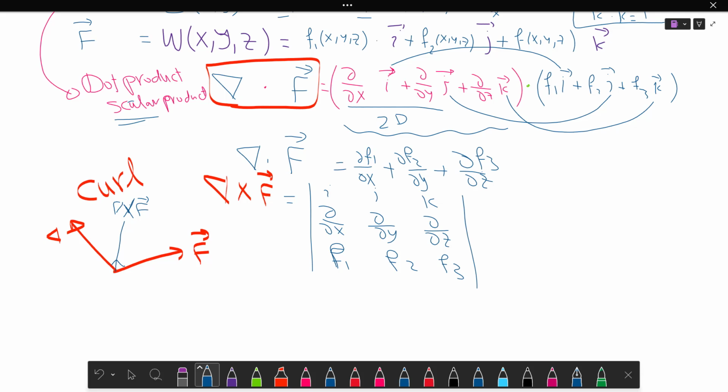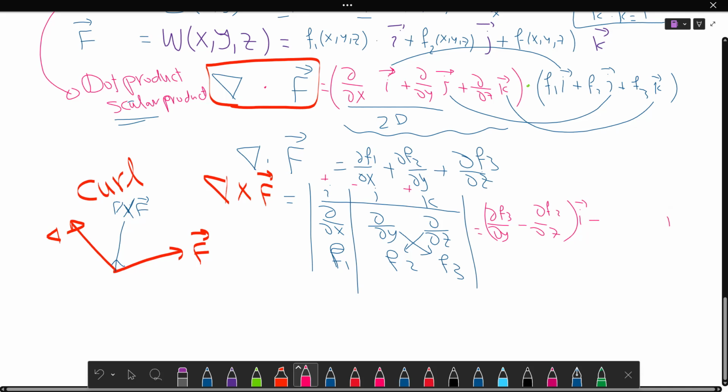You know how to find the determinant? You fix the column and the row, and then multiply, and you have to apply the sign rule: plus, minus, plus, right? So you multiply these two: partial by partial y of f3 minus partial by partial z of f2 will be in the direction of i.